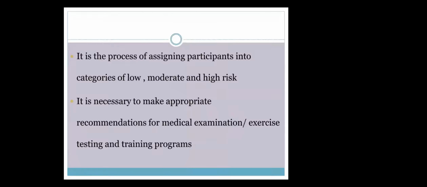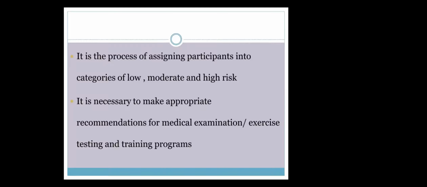So the last part of assessment is going to be risk stratification. It is basically a process of assigning participants into categories of low, moderate, or high risk. It is very essential to make appropriate recommendations for medical examination or exercise testing and training programs.